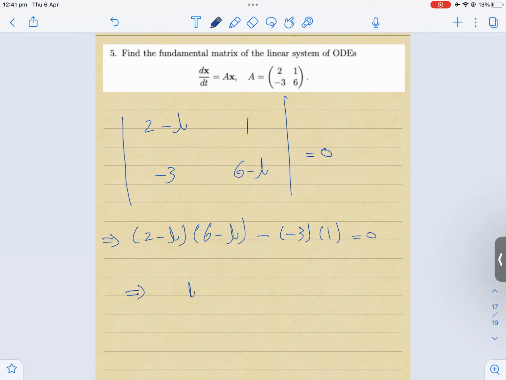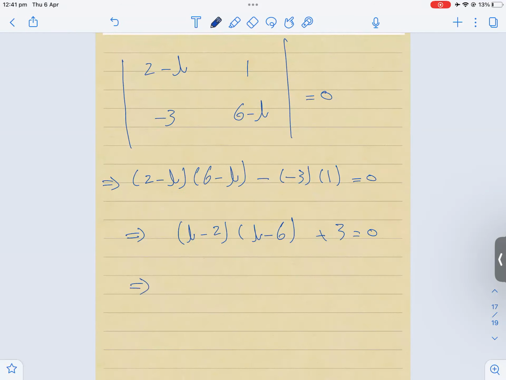From here, lambda minus 2, lambda minus 6 plus 3 equals 0. From here, lambda squared minus 8 lambda plus 12 plus 3, plus 15.